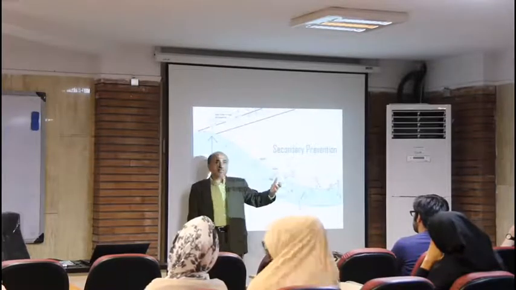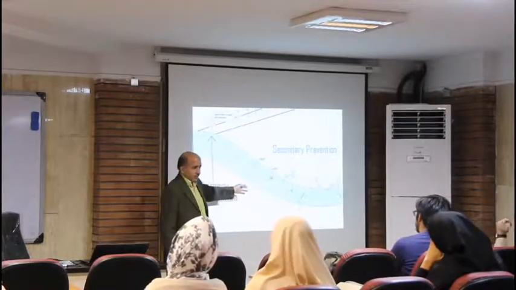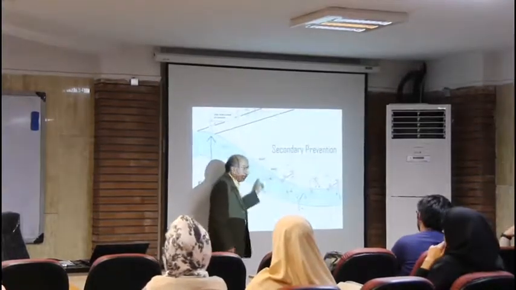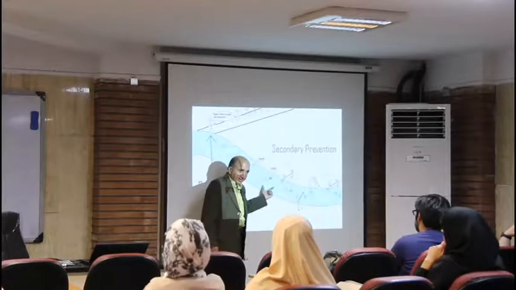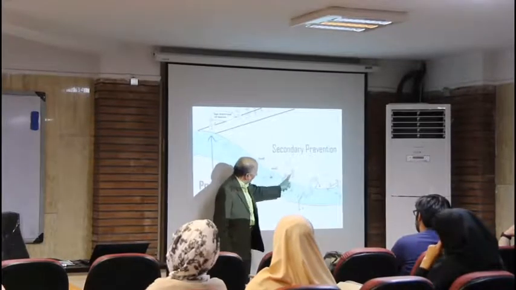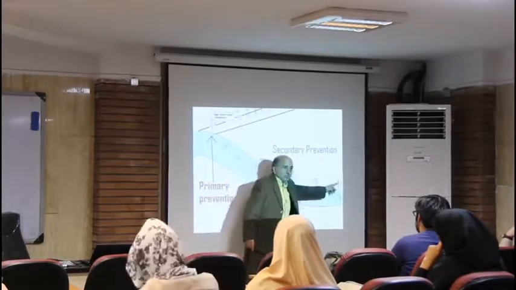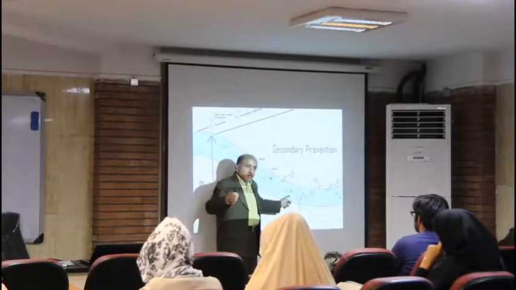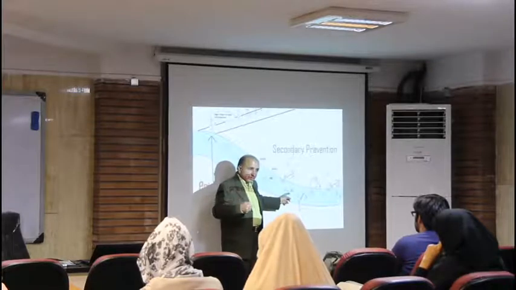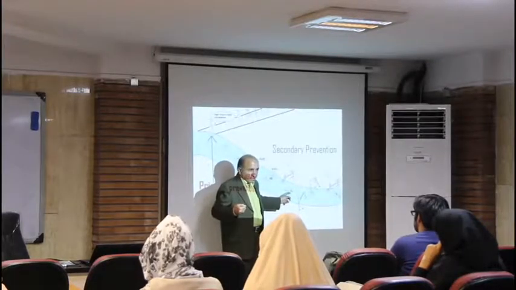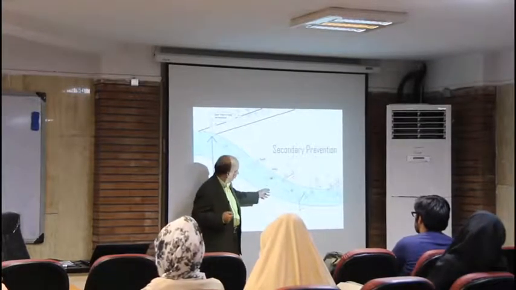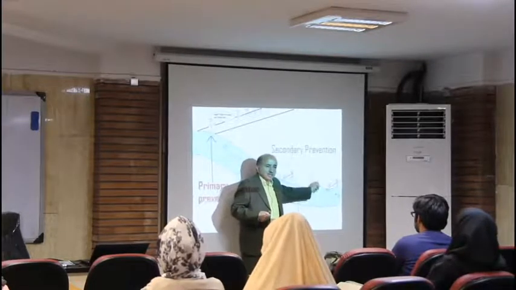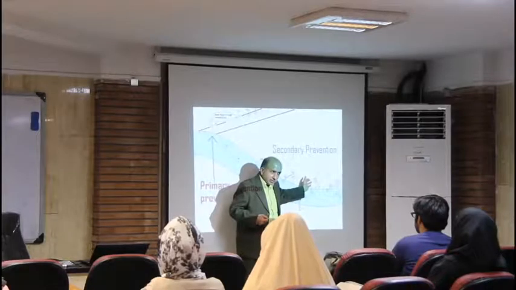For example, imagine that you are a rescuer. You are going to help other people who have fallen in the river, and some rescuers are going to take them away and out of the river. So these activities mean secondary prevention.